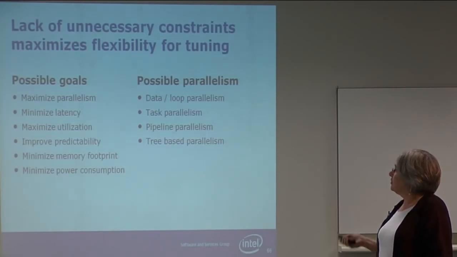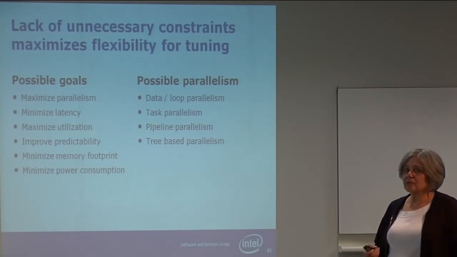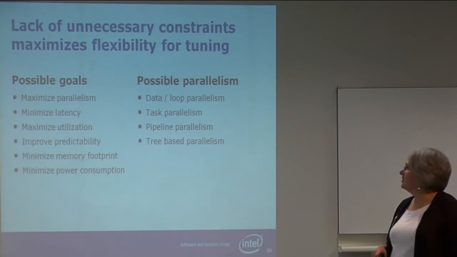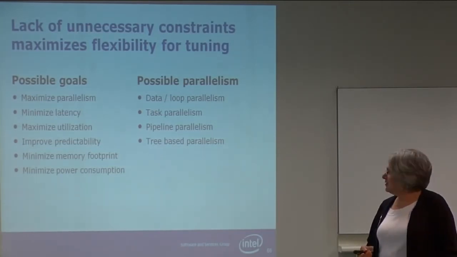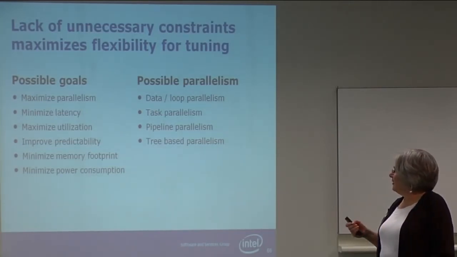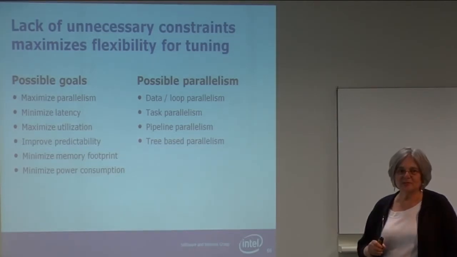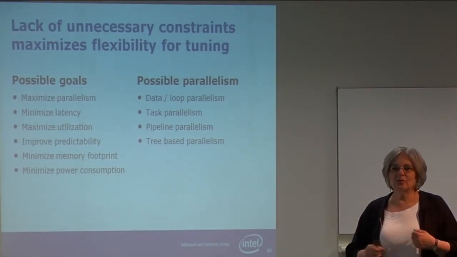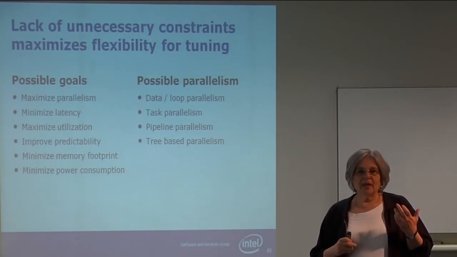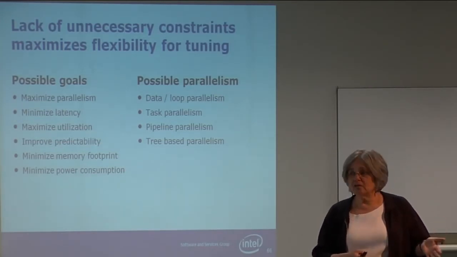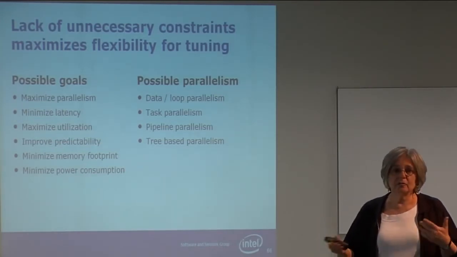So the possible goals include maximizing parallelism, minimizing the latency, maximizing the utilization, predictability, memory footprint, power consumption, anything that requires reordering, and any optimization you want to do on one system that would differ on another system.